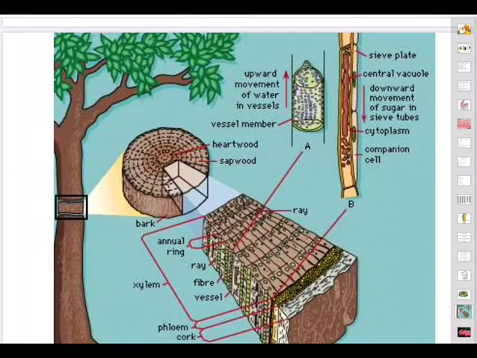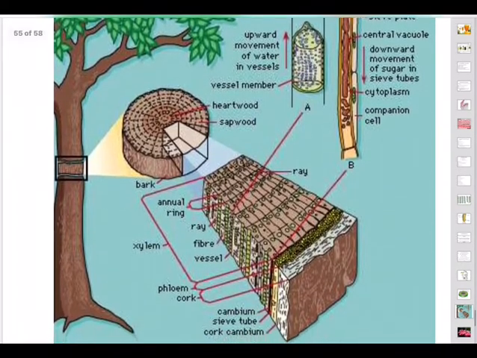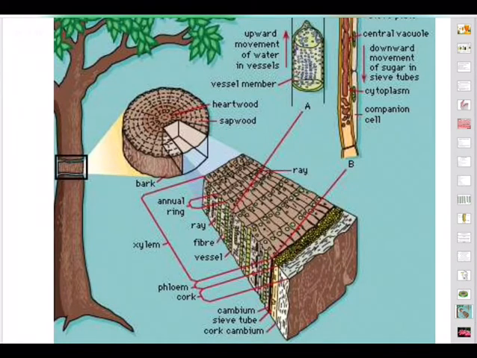And you can see here how the xylem and phloem are responsible for transportation of water and minerals as well as food. You can see secondary growth also, heartwood, sapwood, like that. You can see upward movement of water in vessels and see the perforations.